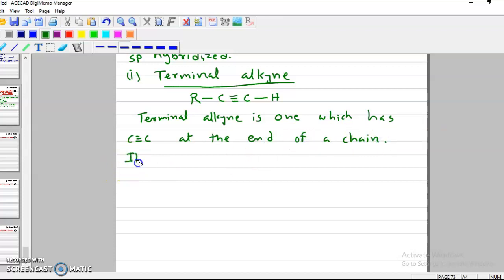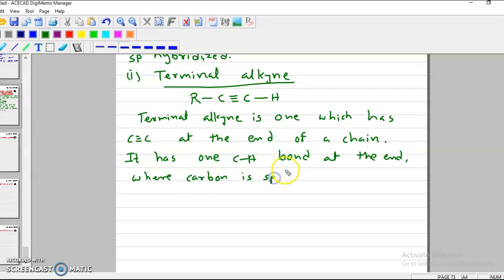It has one CH bond at the end where the carbon is sp hybridized.